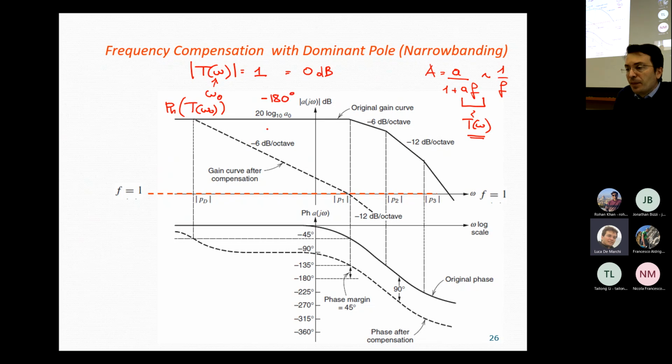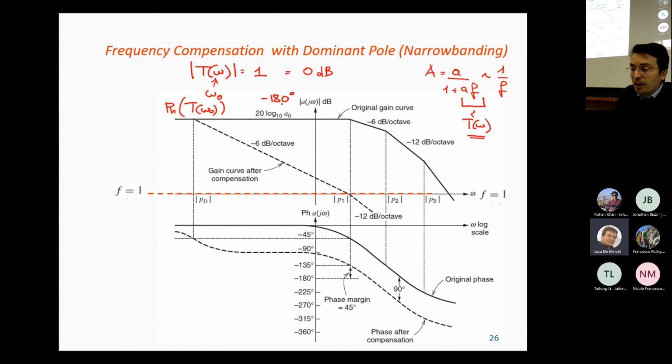If it's larger, then we are in stable condition. Otherwise, the poles have a positive real part, and therefore we have instability.